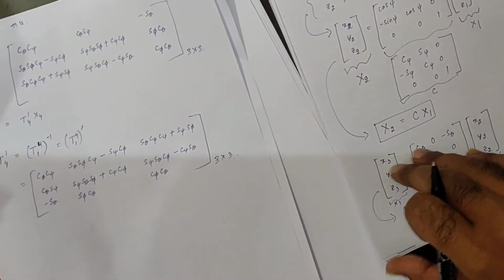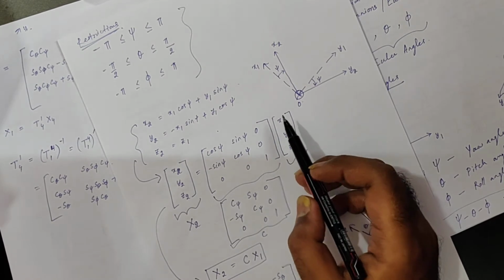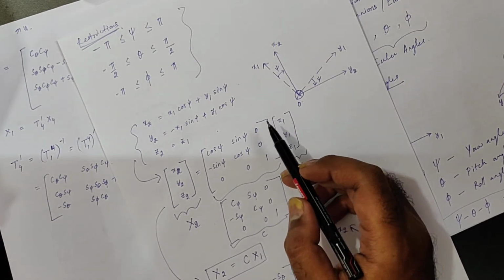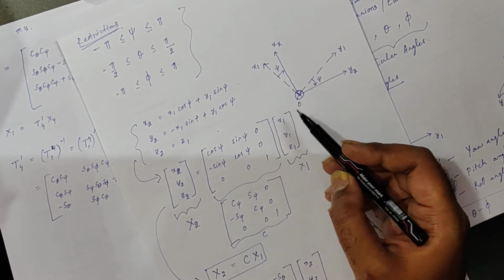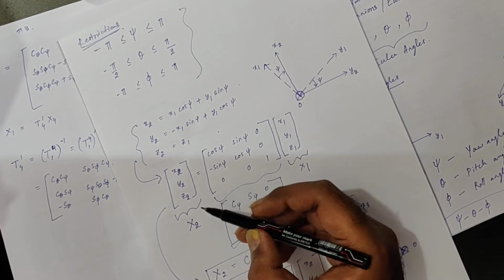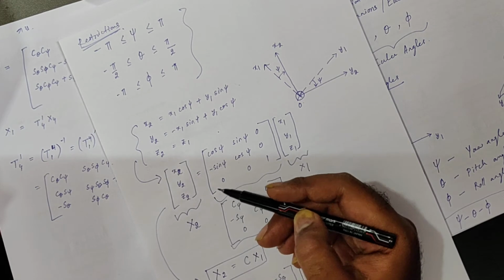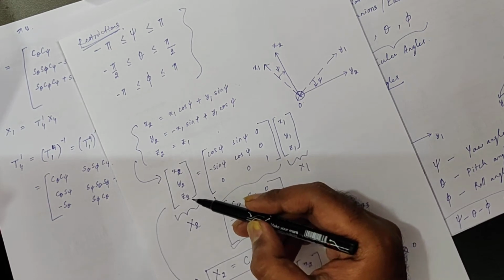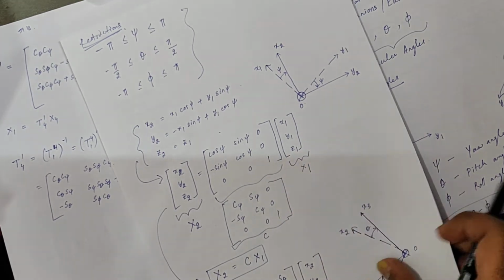So earlier we had discussed how we use the aerospace convention or the sequence, that is psi theta phi, to obtain the vector which is in the inertial reference frame from the body reference frame.